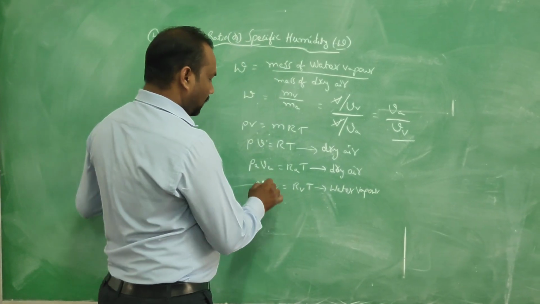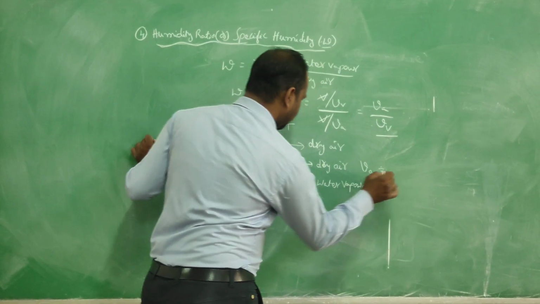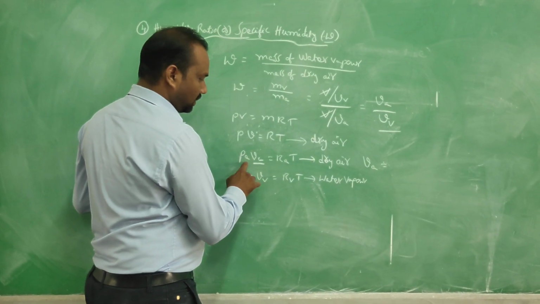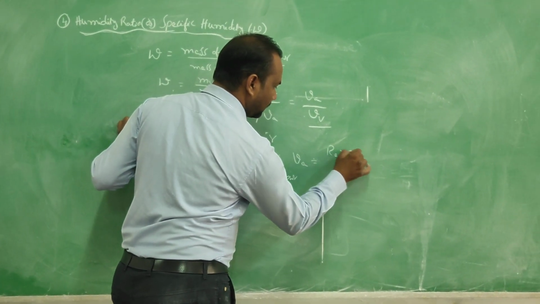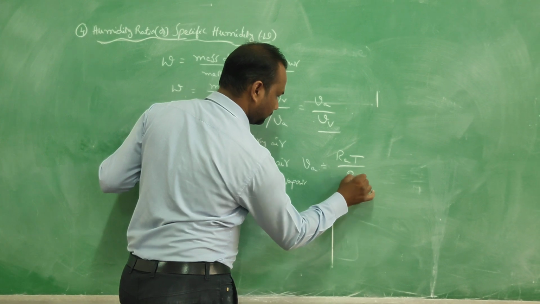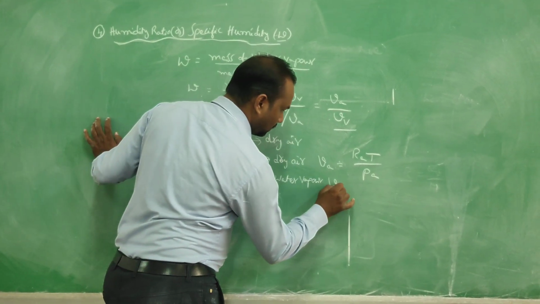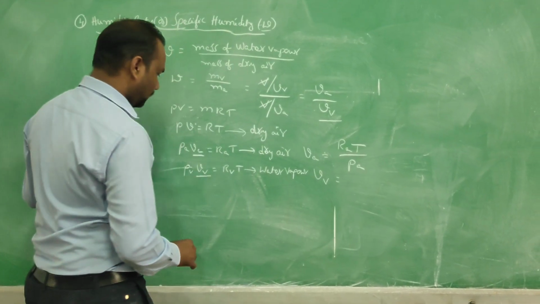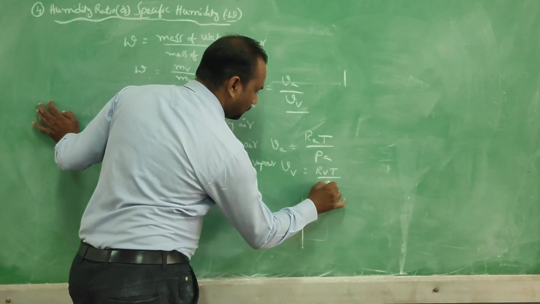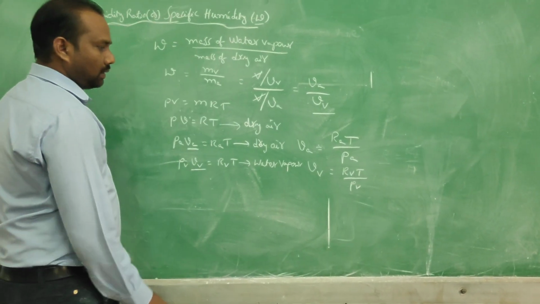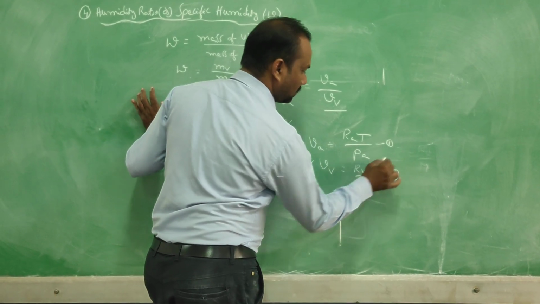From this, if I take the vA value, then I will send this PA term to the right hand side. Then it is RA T by PA. In the same manner, for vV of water vapor, it is RV T by PV. Let it be equation 1 and this is 2, right?